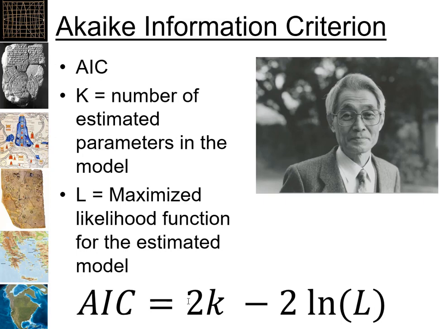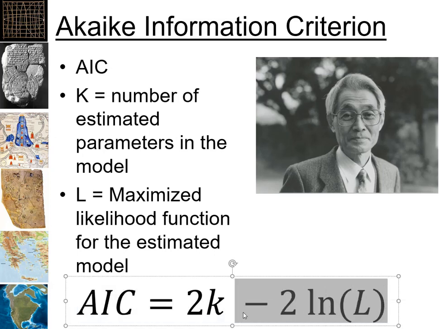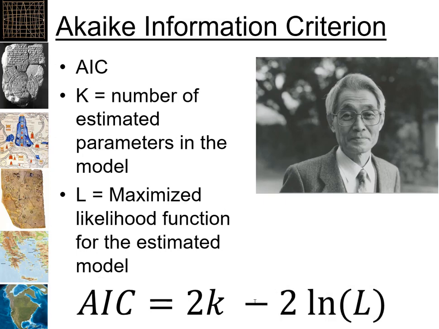So now we have 2 times K, the number of parameters, minus, remember this will be a positive smallish number, and we want to make this small. Well, we also want to make the number of parameters small. So now we've got two values that are really added together. Even though you see a negative, remember that this is a positive number here when we do the -2. So we add these together and we want them both to be small. That's how we get parsimony into AIC, or Akaike information criteria.